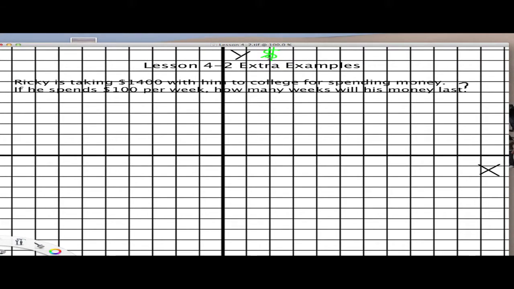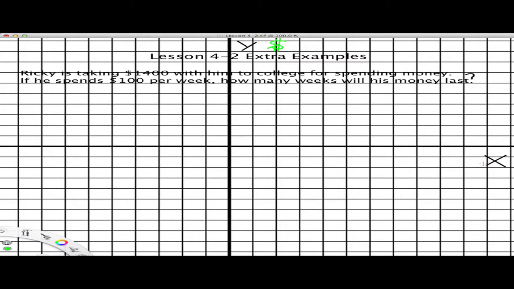So I'm going to go ahead and we'll mark, this is y, in dollars, y dollars, and then our x is in weeks.